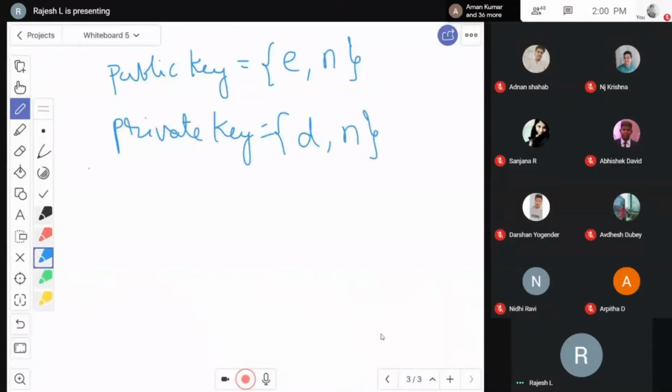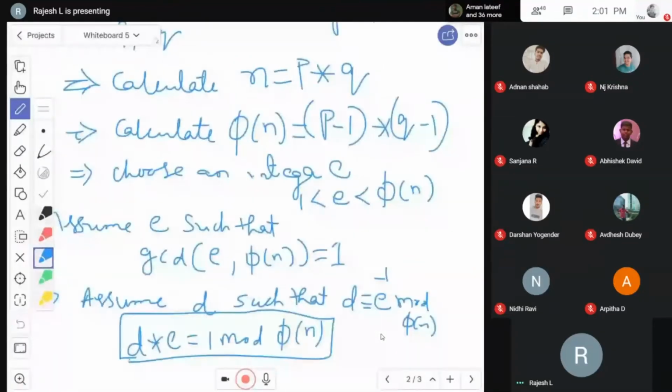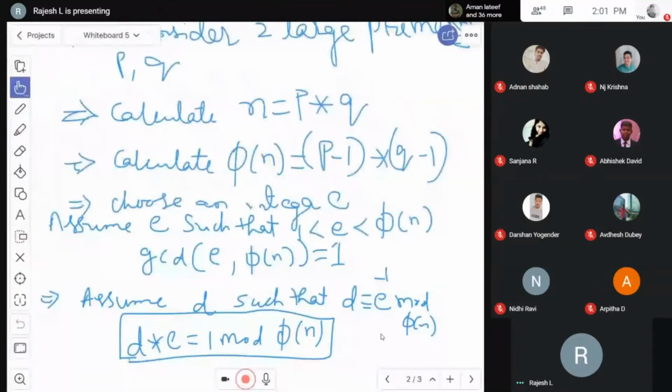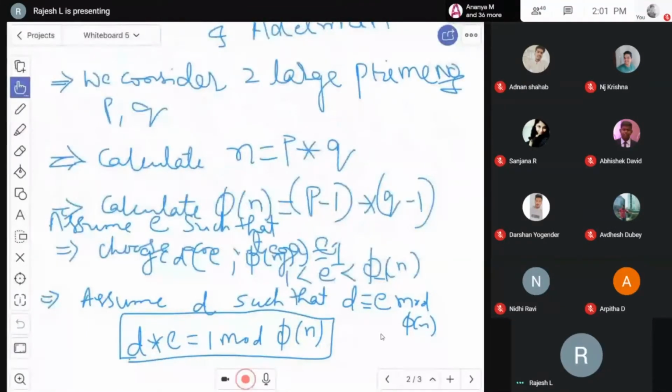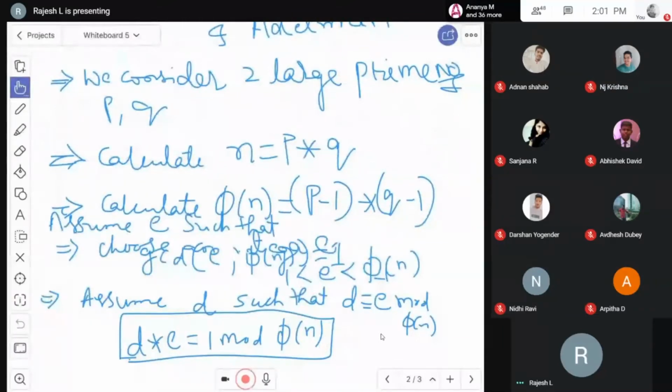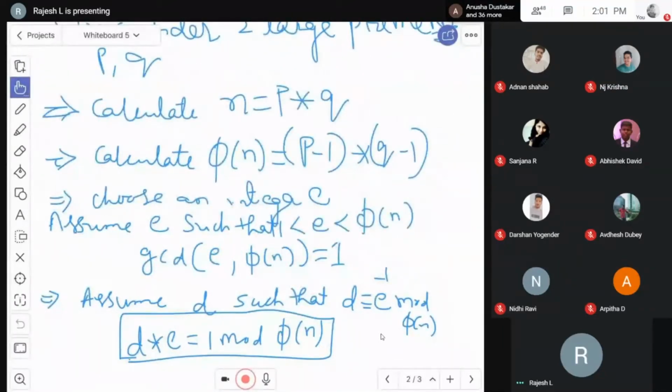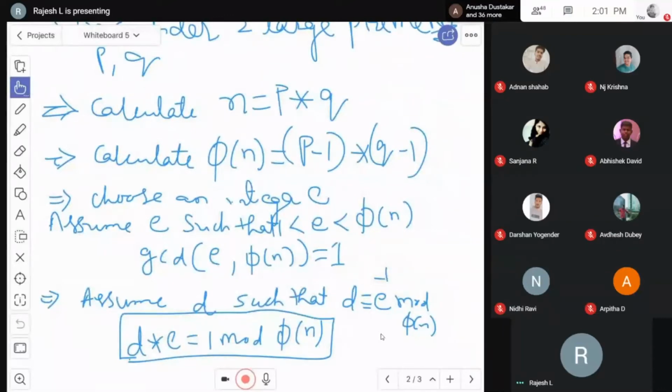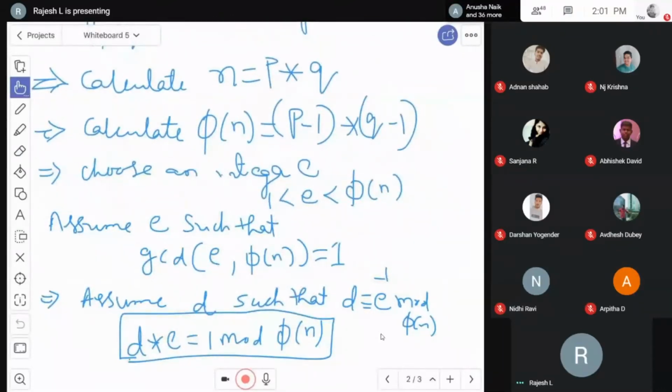I'll repeat once again. At the very first, we read two large prime numbers, say P and Q. Now we calculate n equals P into Q. After that, we determine the Euler-Totient function phi of n equals P minus 1 into Q minus 1.